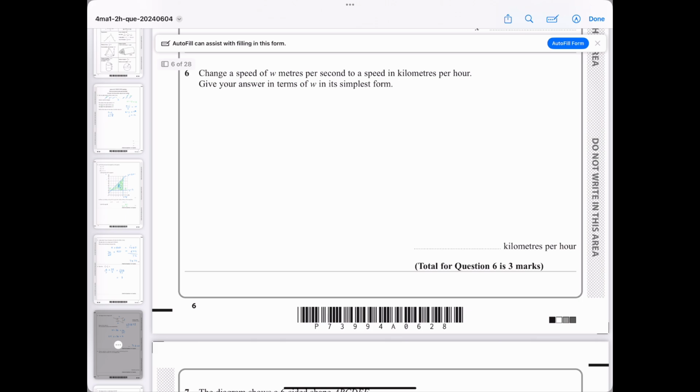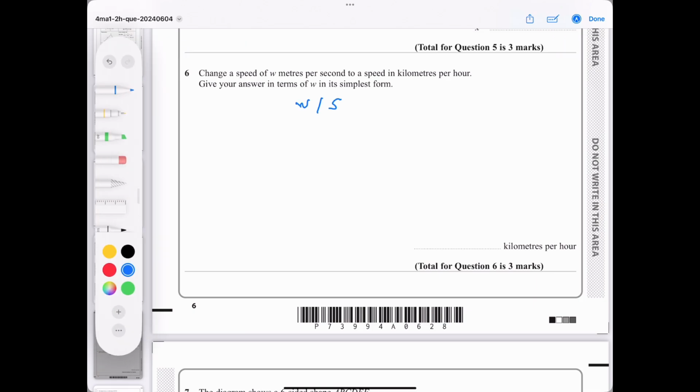Change the speed of W meters per second to a speed of kilometers per hour and give your answer in terms of W in its simplest form. So W per second means if we times everything by 60, that's how many minutes we'd get. So we'd get 60W in 1 minute.